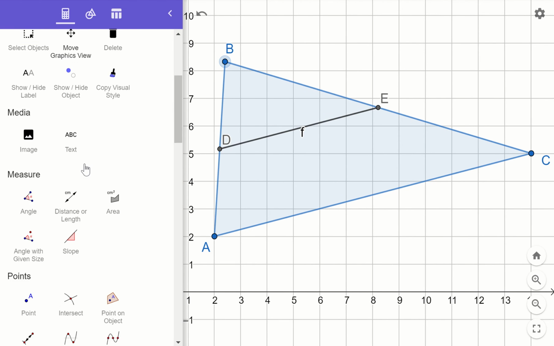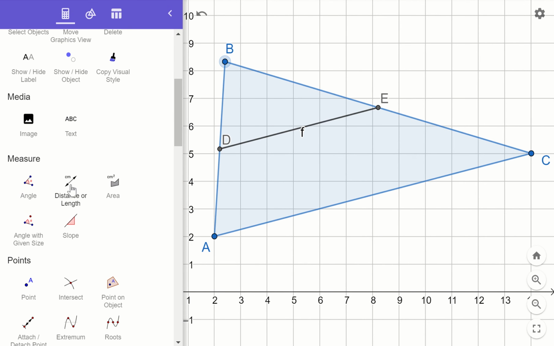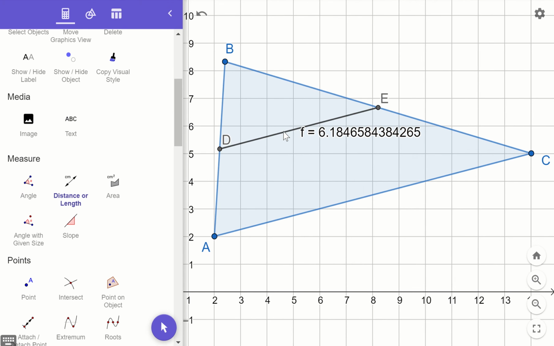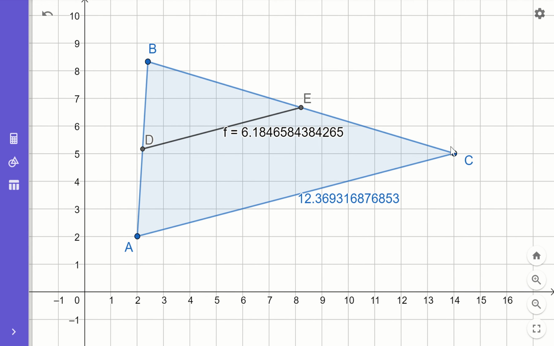On the measure menu, I just want to know the length of two segments. So I want to figure out how long is this segment DE, and I want to calculate how long is the segment AC. At first glance, it doesn't seem especially compelling because I don't clearly recognize these.